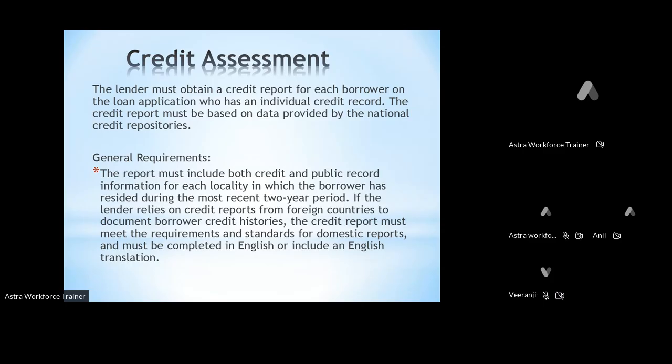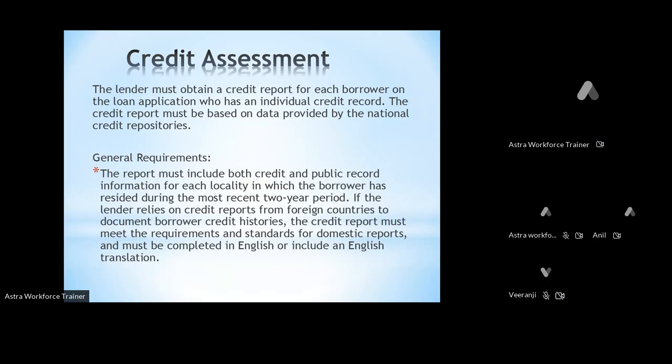Public record is whether the borrower has any history of foreclosure, or bankruptcy, or any charge off, any tax lien. All this information should be available in the credit report. Also, the credit report will show the current residence of the borrower.